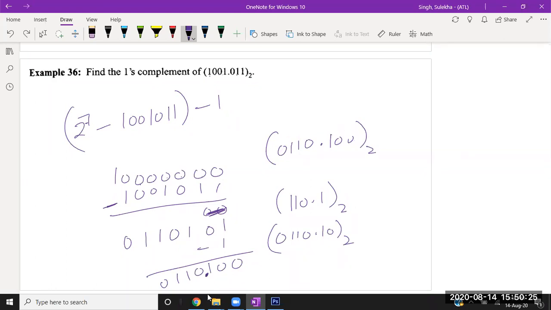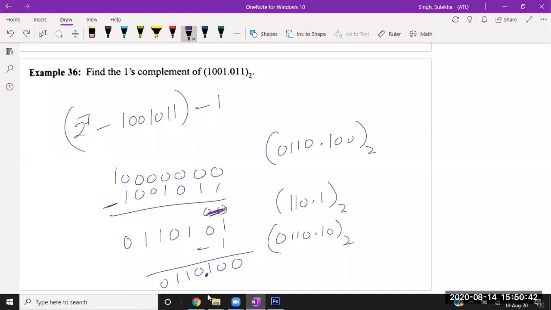Okay, is that clear? Whatever method I am teaching you till now is the conventional method, and this is the basic theory behind calculation of all the r's complement or r minus 1 complement.